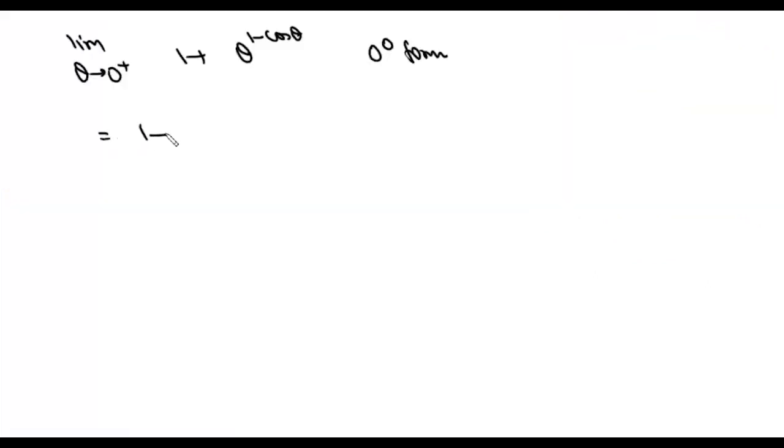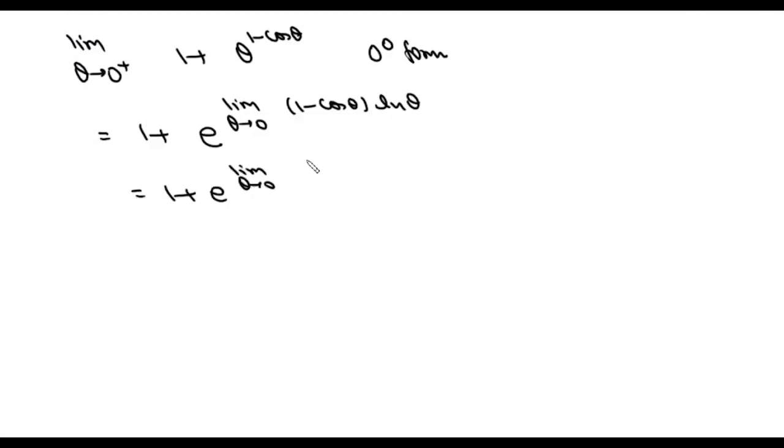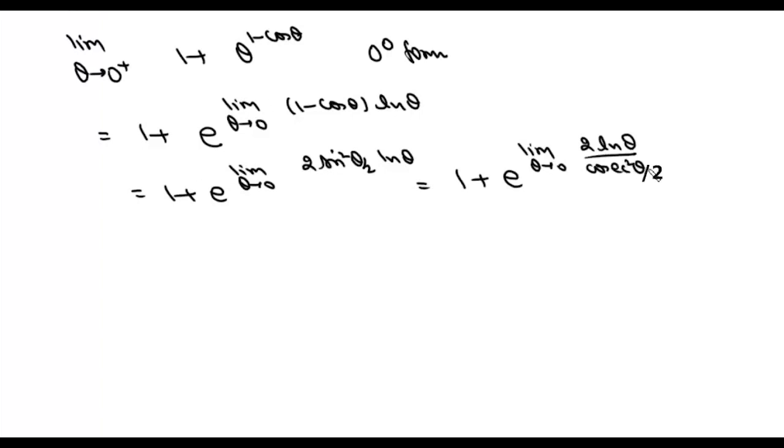Now we can write this as 1 plus e to the power limit theta tends to 0 of 1 minus cos theta into log theta, and we can write 1 minus cos theta as 2 sin square theta by 2 into log theta, which we can also write as 1 plus e to the power limit theta tends to 0, and this is 2 log theta upon cosec square theta by 2.